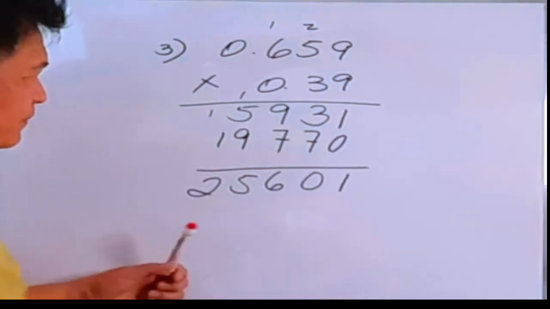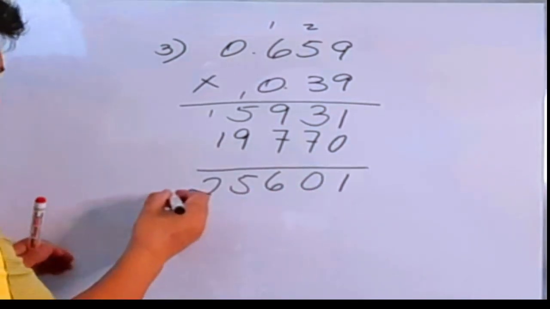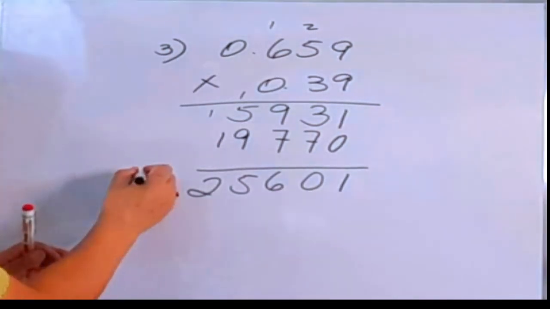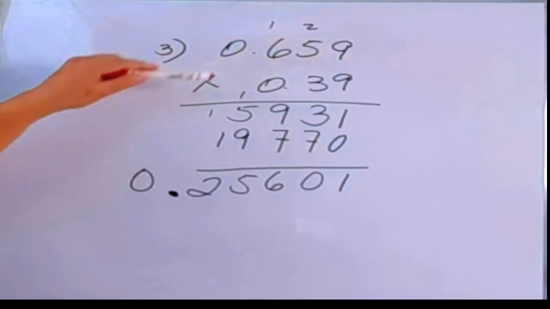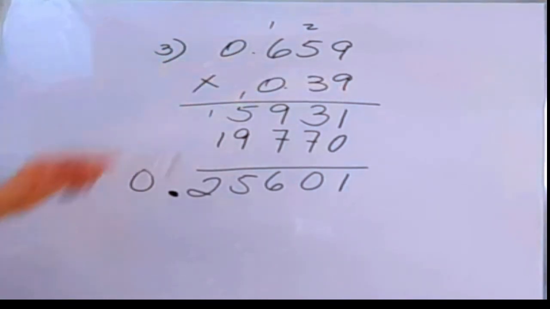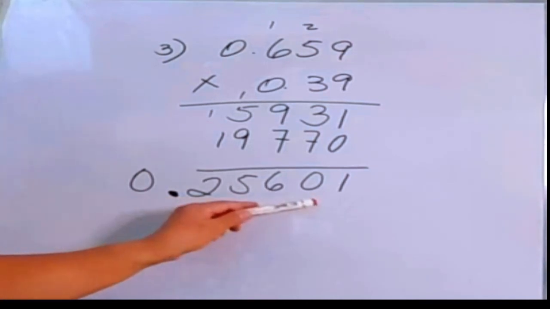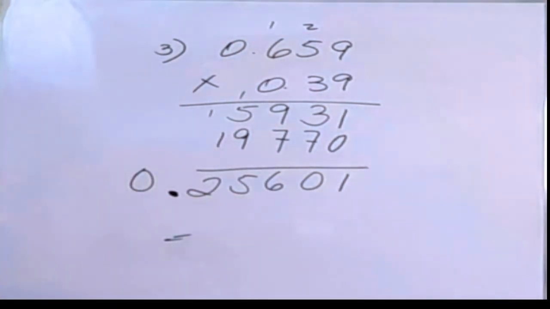That will be 1, 2, 3, 4, 5. Will be your decimal. And therefore, 0.659 times 0.39 is equal to 0.25601. That is your answer.